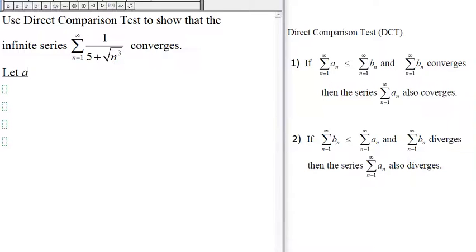So we want to let A sub n be this sequence right here. And then for B sub n, we just drop the constant 5.